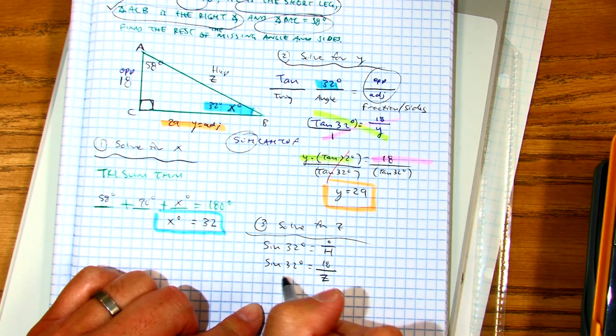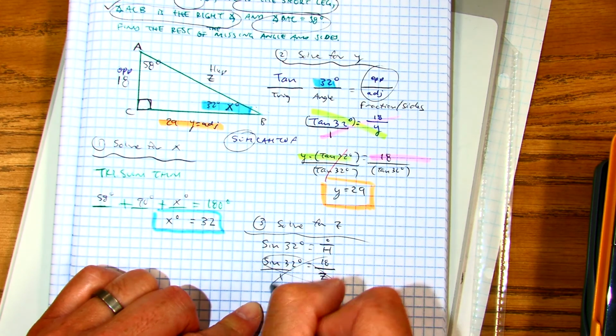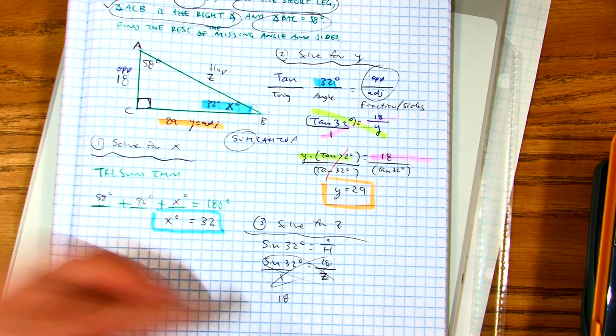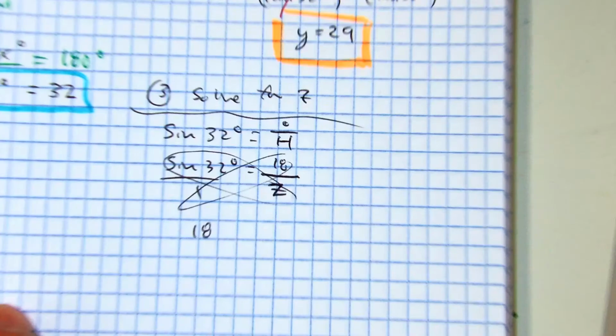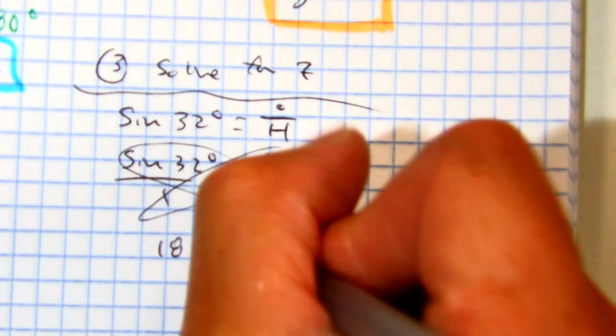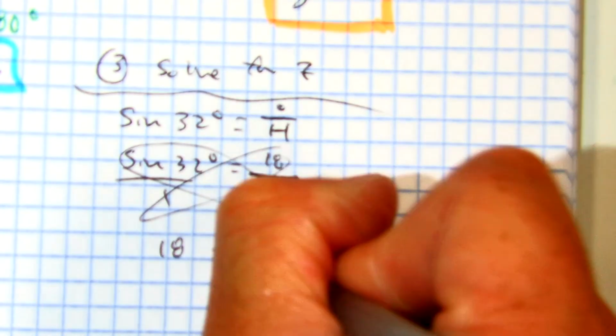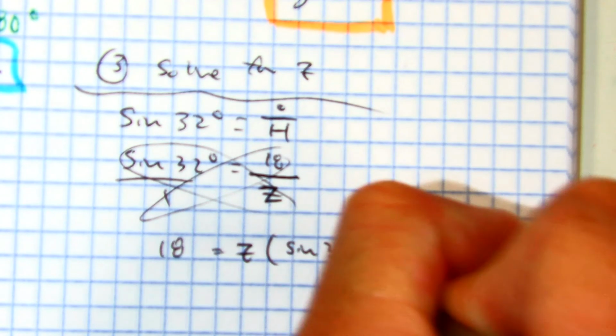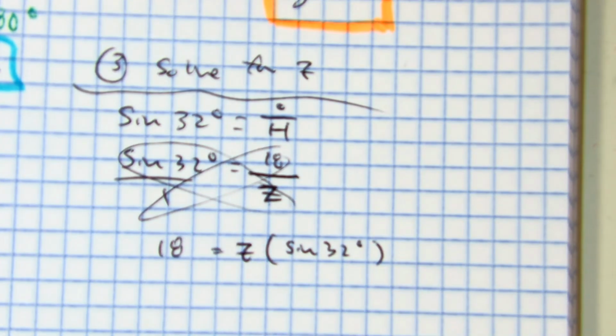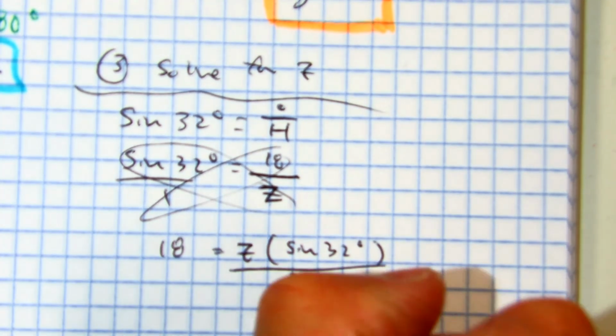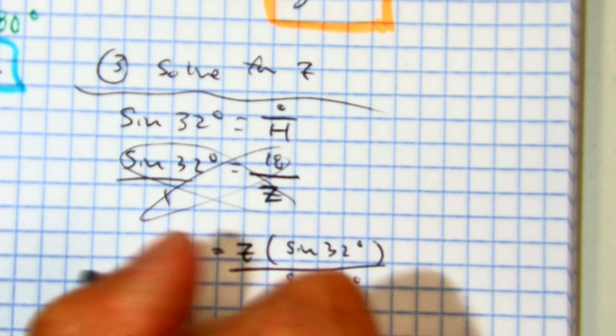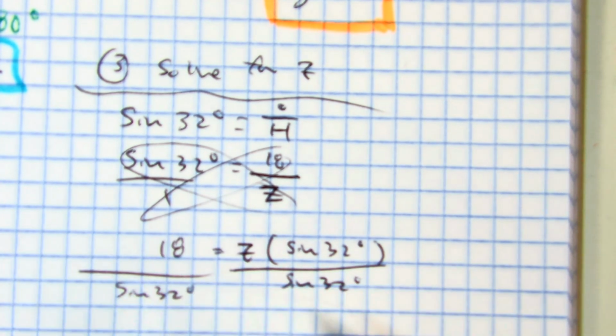Put it over 1. Let's cross multiply. I got 18 equals Z times sine of 32. And then I'll divide both sides by sine of 32. There's my calculator-ready equation.